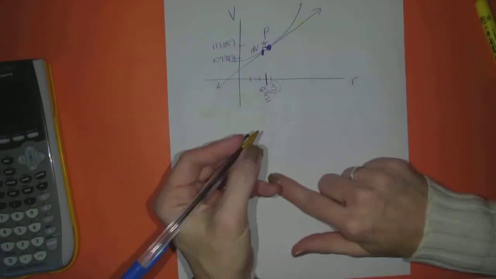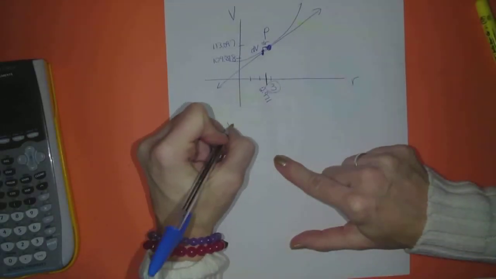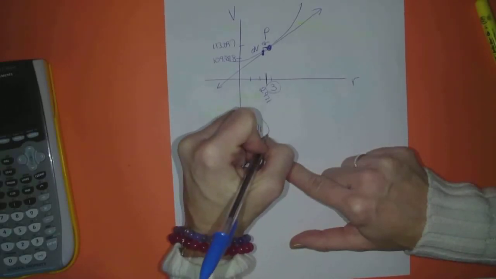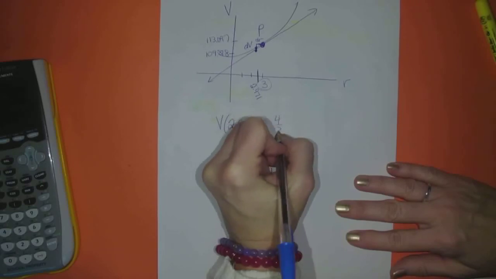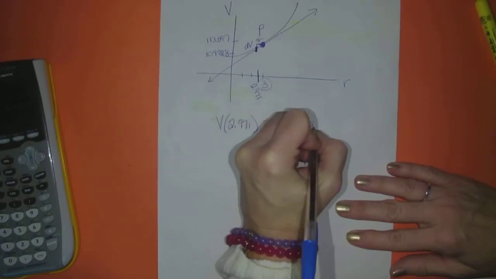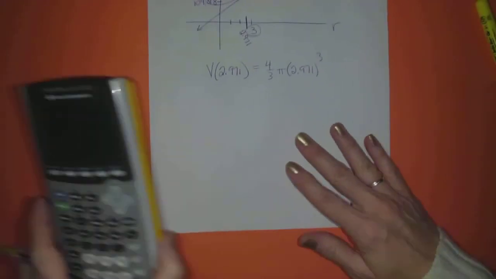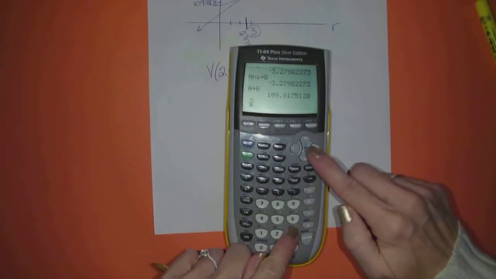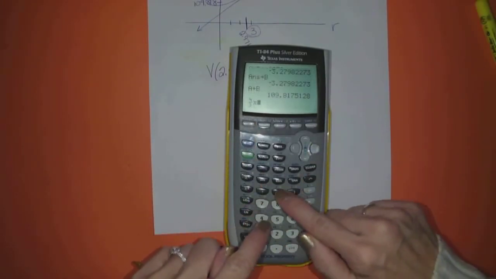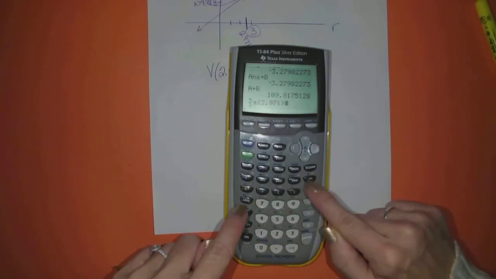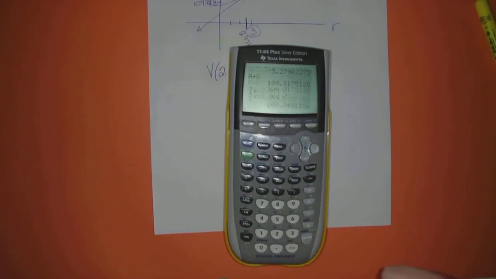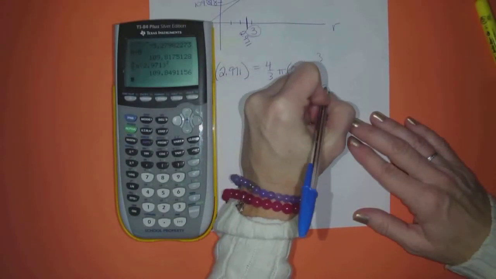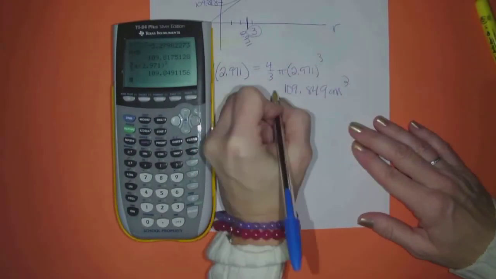What I'm saying is, if we know the volume, let's calculate the actual volume at 2.971. If you do 4/3 pi times 2.971 cubed, let's see what we get. You would get 109.849 cubic centimeters.